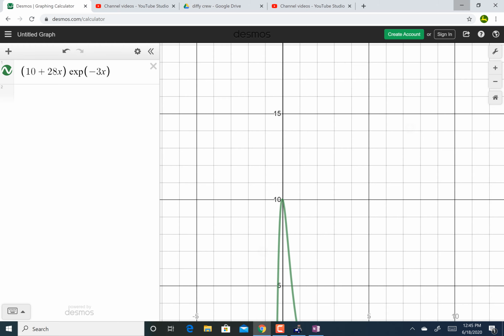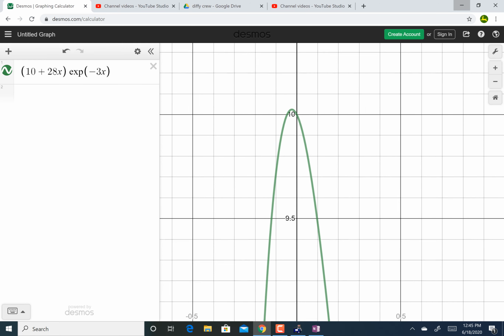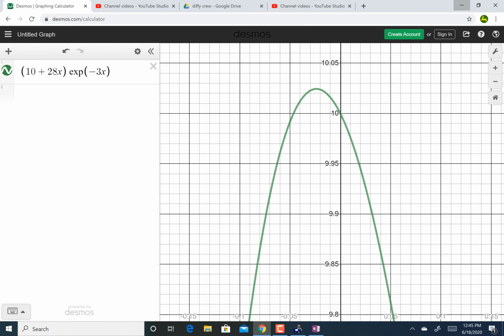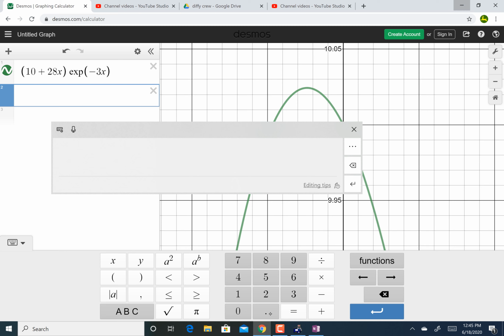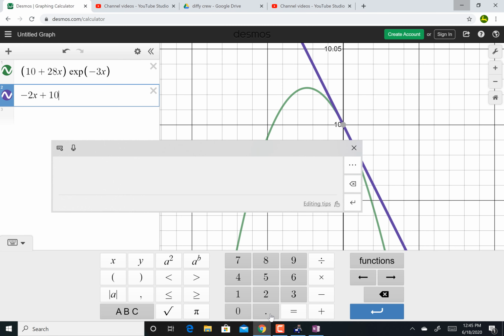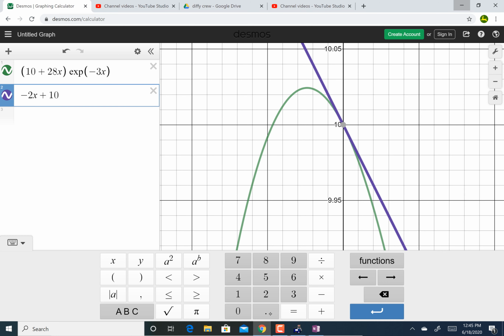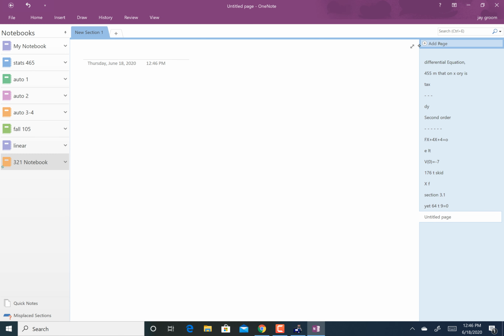If you zoom in on that, what do you know, friends? At 0, it's equal to 10. That's cool. And my slope was supposed to be negative 2. That's nice. And so that's just a quick way to check yourself, because remember, the initial conditions must be true that you found. Cool. So that's what you'll be looking at.